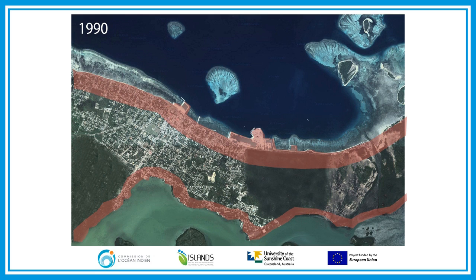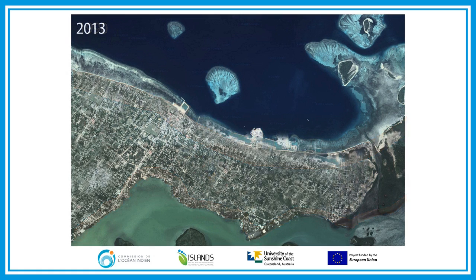The increasing population and the growing tourism sector have led to considerable development along the coast and interior areas, as shown in the second photo from 2013. Because there is now more infrastructure located in the areas where there was no settlement in 1990, there's now more damage every time flooding from storm surges occurs.